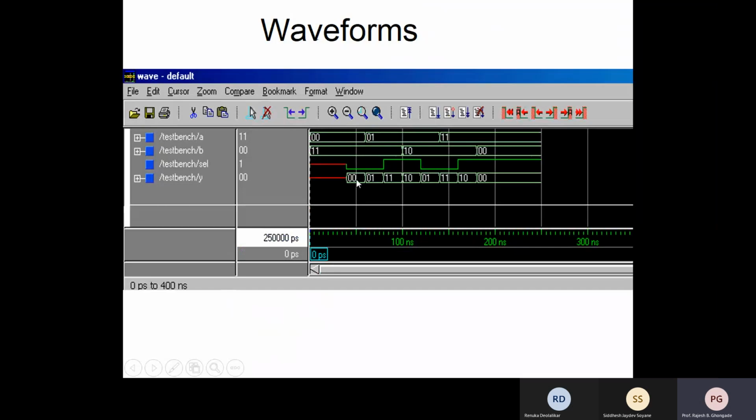So 0, 0 comes here. But in the meantime, even if cell is low, the input A itself has changed to 0, 1, but the change is propagated like this, as you can see here very carefully. But now here the cell becomes 1, so naturally the output corresponds to whatever is the input B. All right, so input B was 1, 1 here, so that is the reason why it is transferring the 1, 1 value over here.